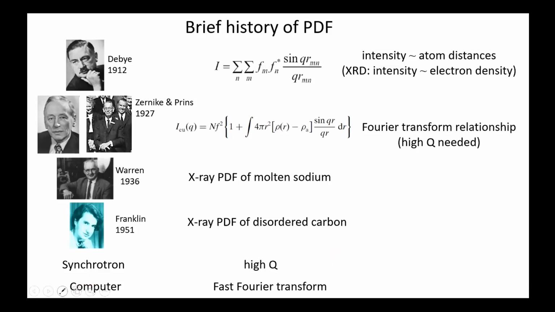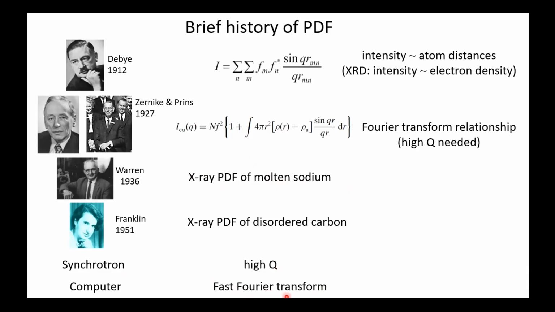And also the computer is very helpful to the PDF development, because with a computer we can compute the fast Fourier transform in a matter of seconds, compared with the old days when Warren was using an instrument to compute the Fourier transform for several hours, even days.